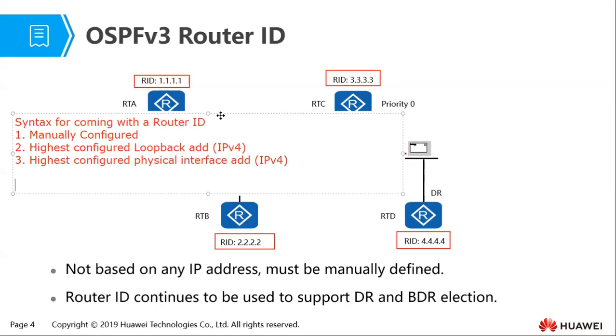The reason we could pick an IPv4 address from a physical interface or a loopback interface is because the router ID has the same architecture as an IPv4 address. Both of them are made up of 32 bits and are written in dotted decimal format.